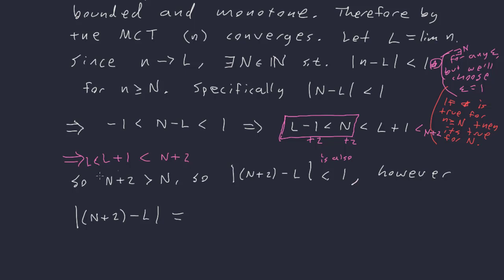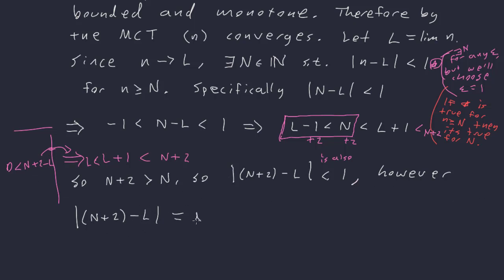So if I move L over, I get 0 is strictly less than N plus 2 minus L. So this thing is positive, so we can actually drop the absolute value bars.